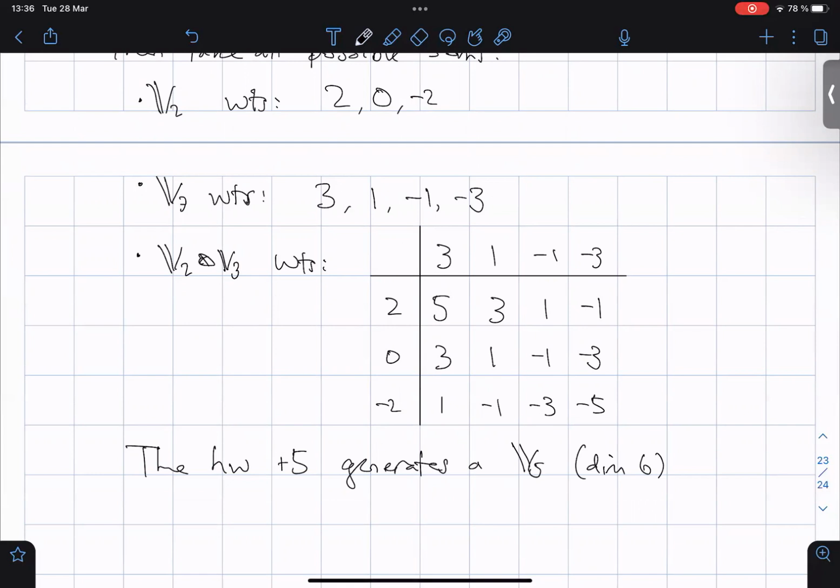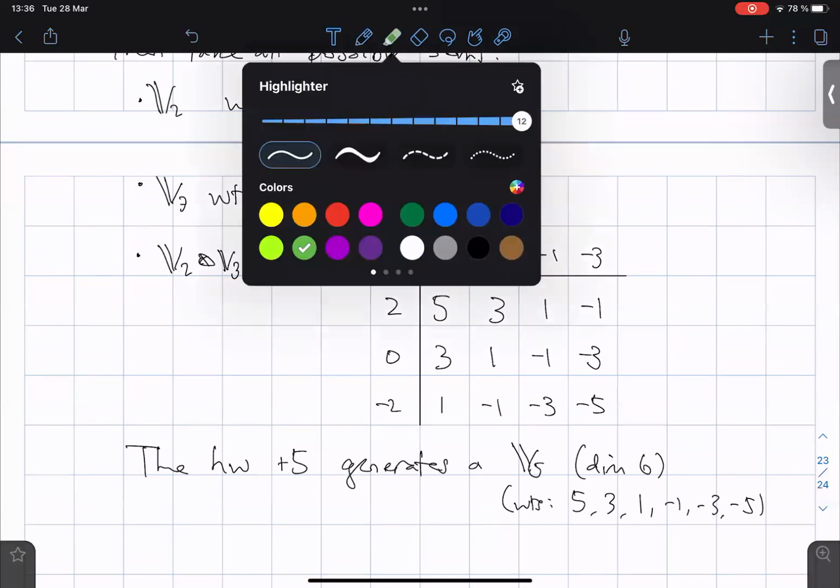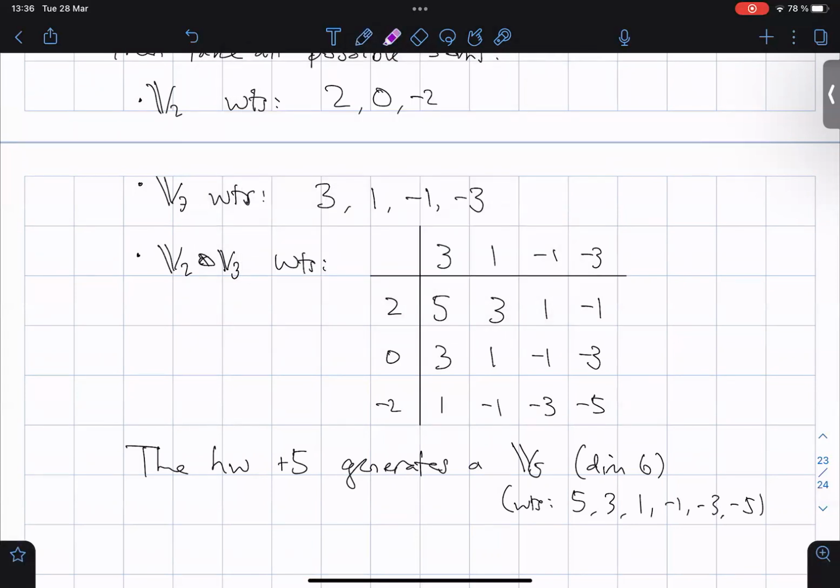So weights 5, 3, 1, minus 1, minus 3, minus 5. We're going to remove these. Let's start removing. It doesn't matter where; I'm just viewing this as a list. I'm going to start crossing off some of these eigenvalues: 5, 3, 1, minus 1, minus 3, minus 5.